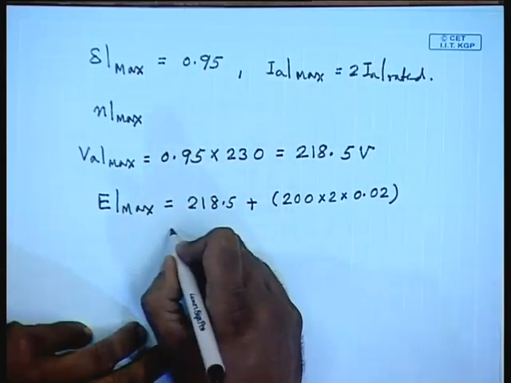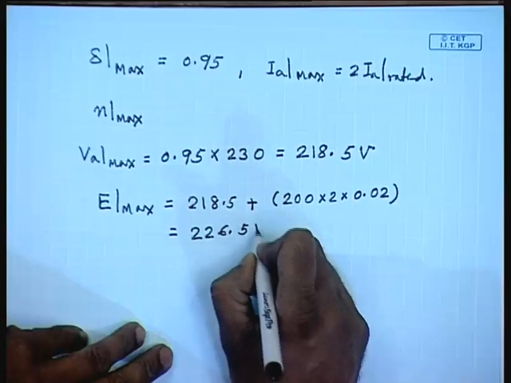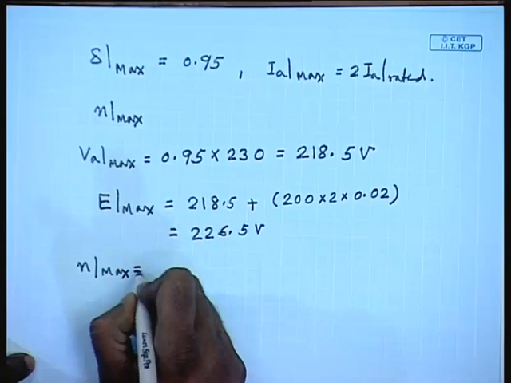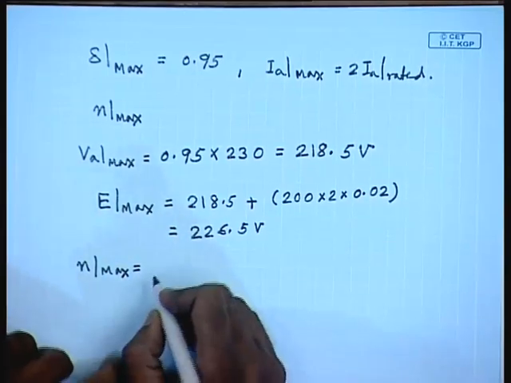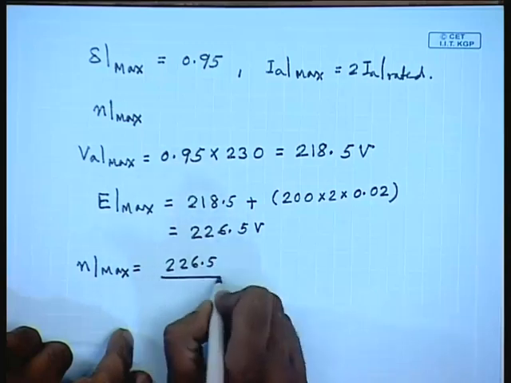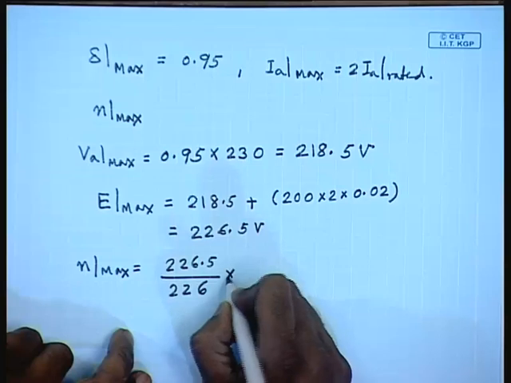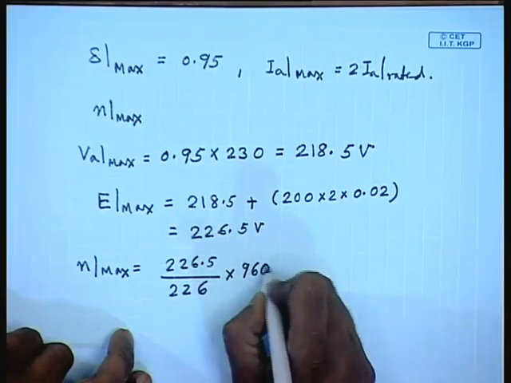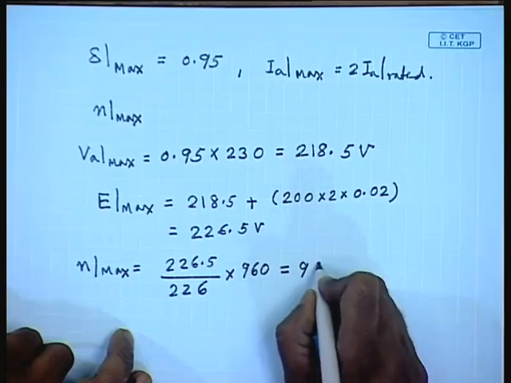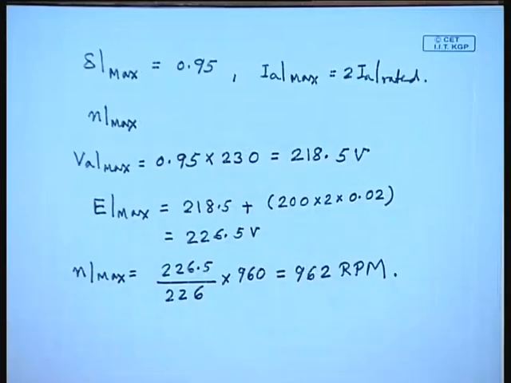This comes to 226.5 volt. So, N max is E max, that is 226.5 by E rated into rated speed. So, this is 962 RPM. Thank you.